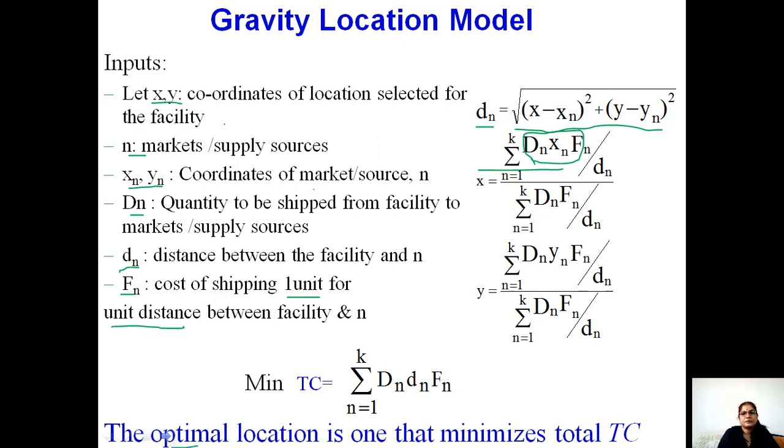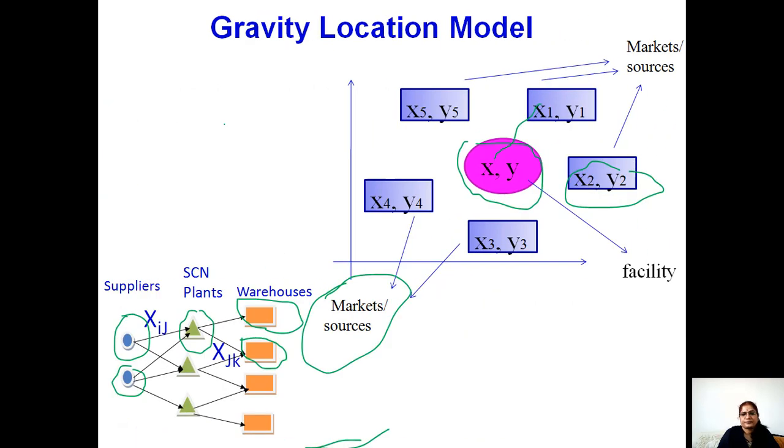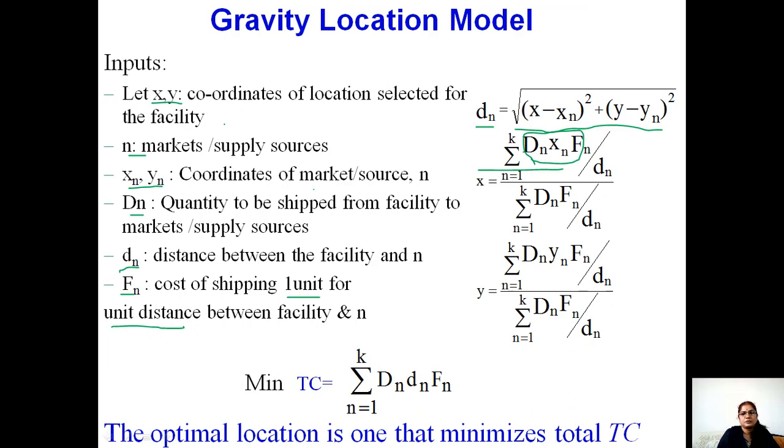We can make out for all the markets and resources. If you calculate this and go for summation, then whatever we get is the total cost.